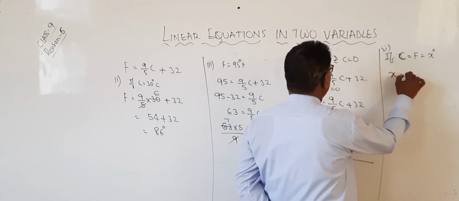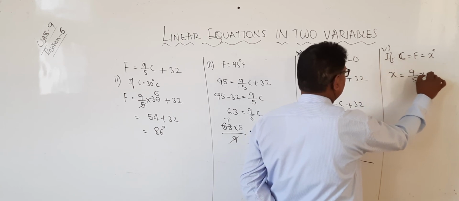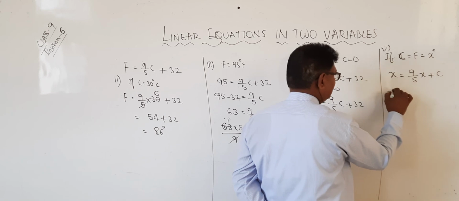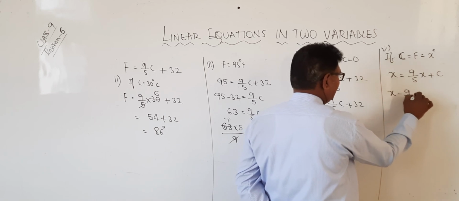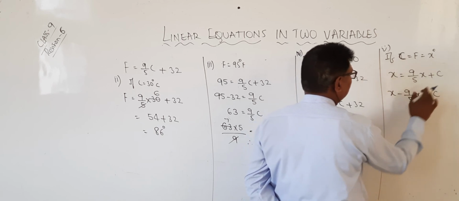If both are equal, so x is equal to 9 by 5 x plus 32. x minus 9 by 5 x is equal to 32.